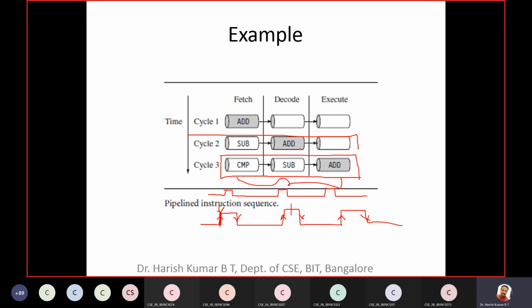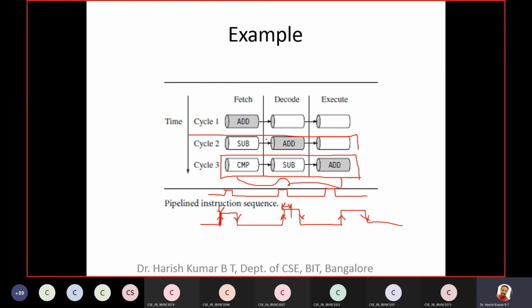But since the complexity of this circuitry is more, say it finishes its task at the middle of the clock cycle. That means for this duration, the subtract instruction will come and collide with the add. Yes or no? Yes, sir. It comes and collides with add.